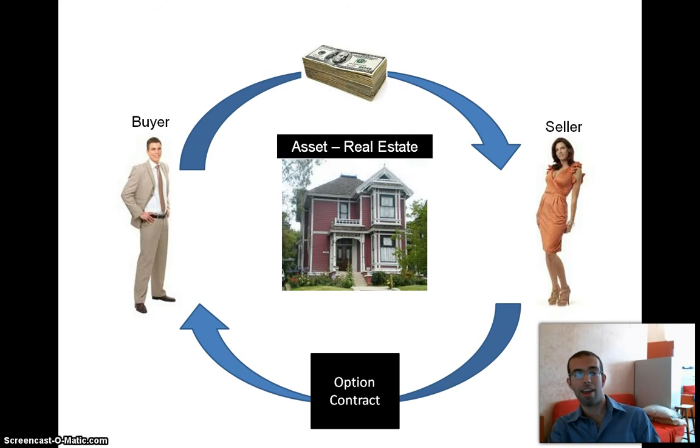The seller, on the other hand, is thinking, you know what, I don't think property prices are going to go up in my area. In fact, I think they may even go down. So why don't I make some extra money here and sell this contract for over 5 years. I'm pretty happy with receiving $100,000 for my property over that time period.